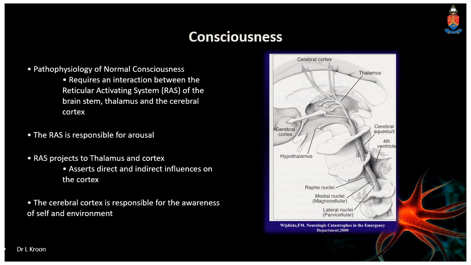The cerebral cortex is responsible for awareness of self and the environment, the content component of consciousness. So this RAS runs quite in the middle of the brainstem. And if you remember from my brainstem talk, this RAS system has bilateral projections to the cortex. Therefore, to get a disorder of the level of consciousness or a loss of consciousness, you have to knock the RAS out bilaterally.